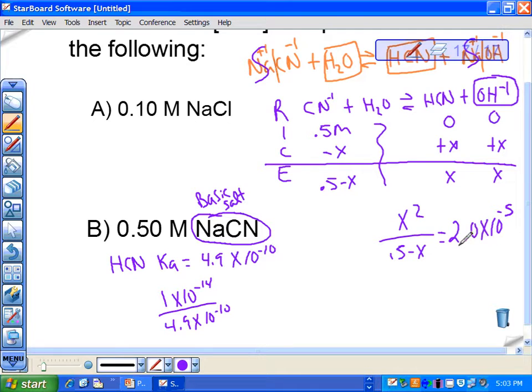Alright, so now we need to solve. You can use your solver, or you can eliminate that bottom minus x. I'm going to eliminate the bottom minus x just for time's sake here. And I'm getting 0.00316 for my x. It's very late, so I'm hoping that's right. 0.00316.